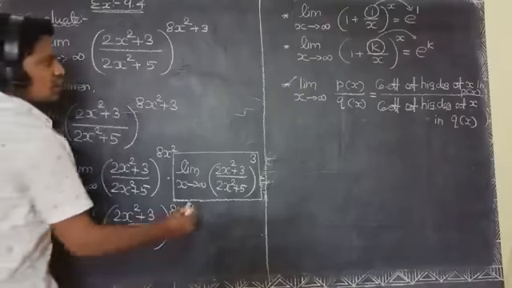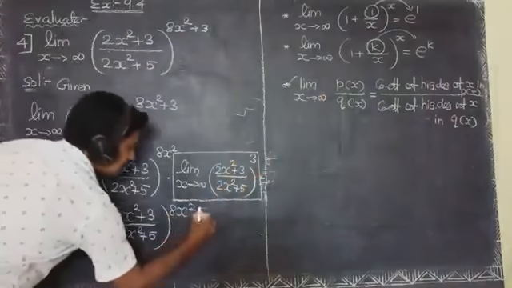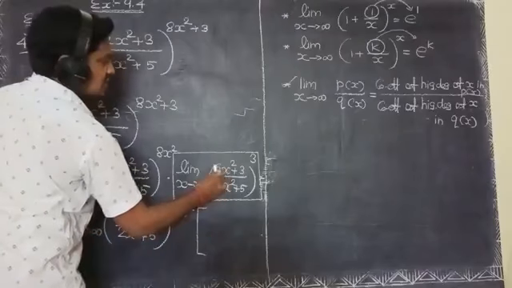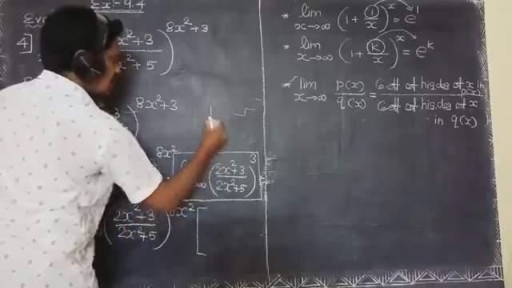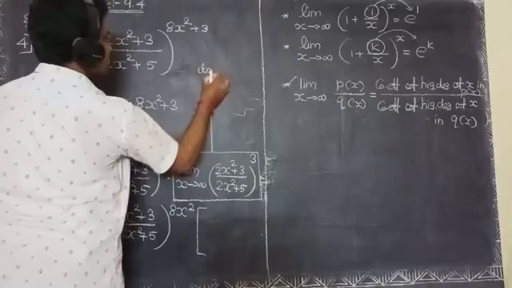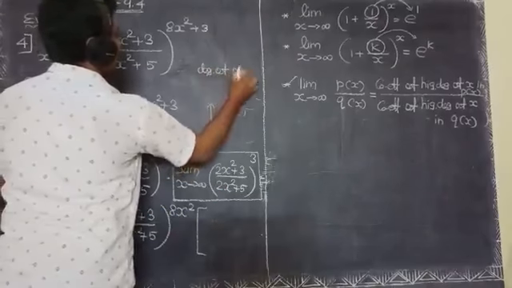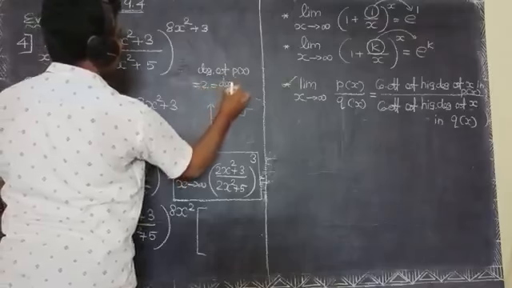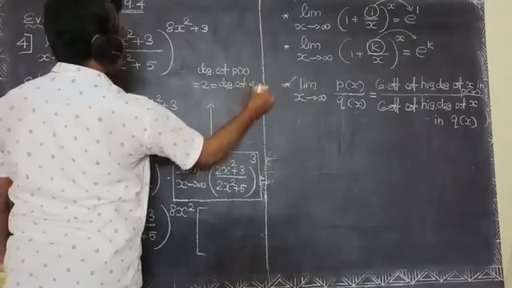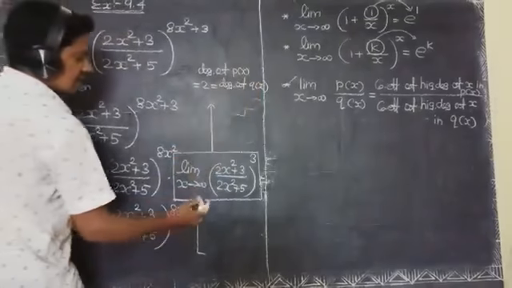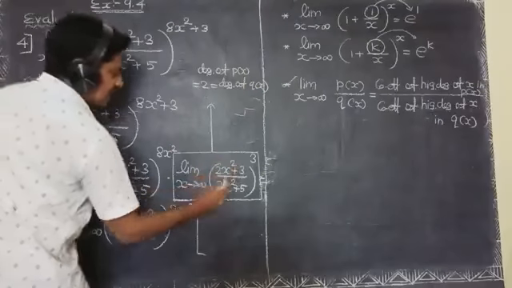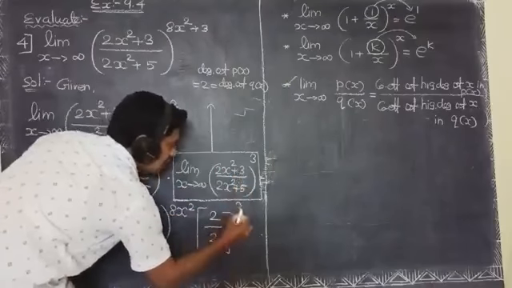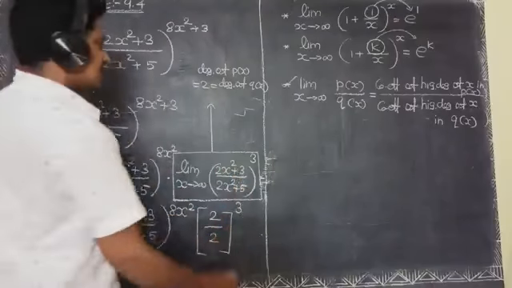Using this concept, the degree of p of x equals 2, equal to the degree of q of x. Both are equal, so the coefficient of highest degree, that is 2 divided by 2, whole power 3.